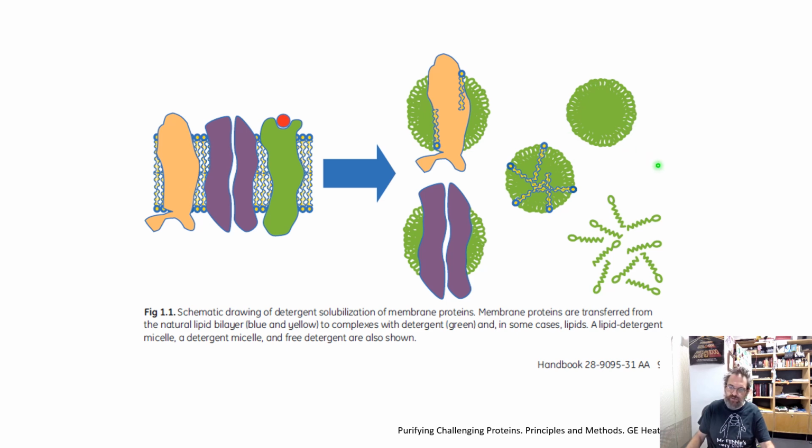When you've got too many surfactant molecules in solution, rather than having protein to interact with and bind to, they start to interact with themselves and form these micelles in solution. These can actually interfere with downstream analyses, such as electrophoresis and chromatography, and they can make things worse.